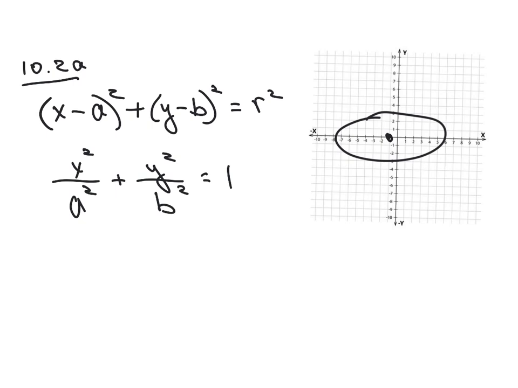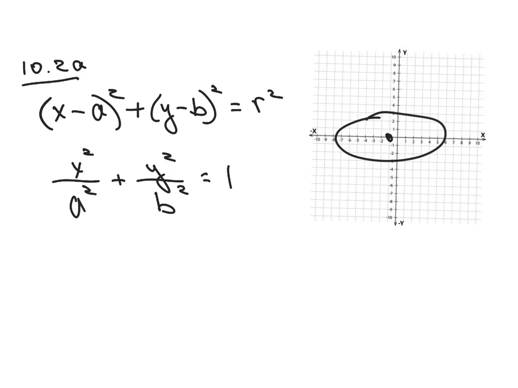So because our origin is in the center, the A and B have something to do with where the ellipse crosses the y-axis and where it crosses the x-axis. So it's almost like a radius for the x-axis and a radius for the y-axis, how far it is from the center point here and here, which will be the same, and from here to here, which will also be the same.